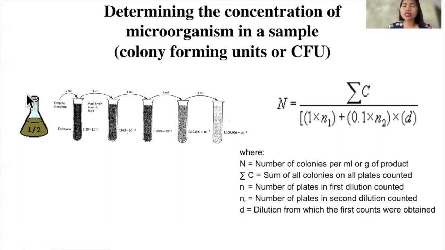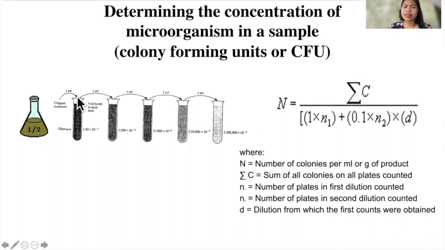Assuming that your sample here is in its pure form. Kumbaga, it's not diluted. It was not diluted initially. So, halimbawa, pure na bagoong, and then you add around 10 ml or exactly 10 ml into this 9 ml tube. So that makes your 10 raised to the negative 1 dilution.